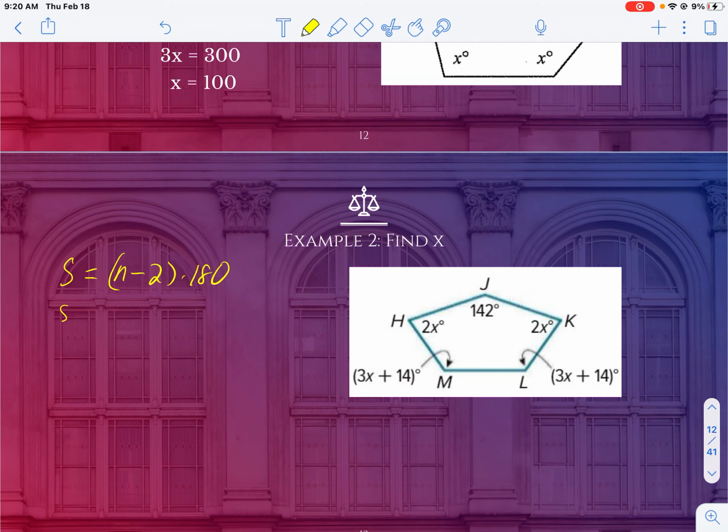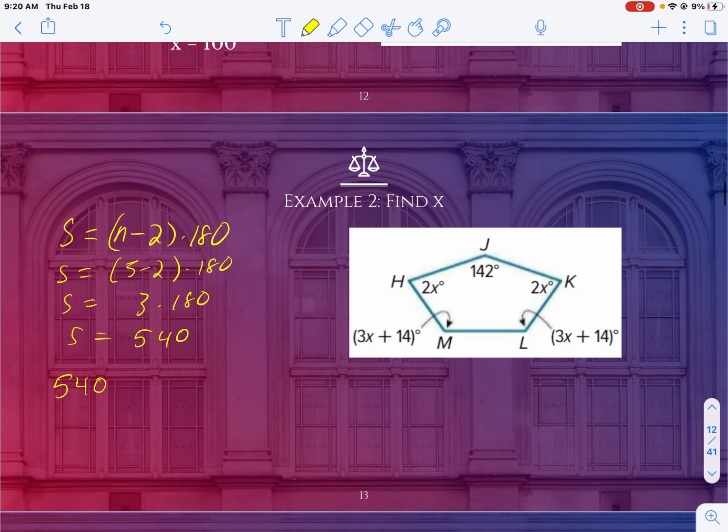This is a 5-sided figure, so the sum of the interior angles is 540. But I also know that 540 is equal to all this stuff added up. So I've got 2x, 2x, 3x, and 3x. So that's 10x.